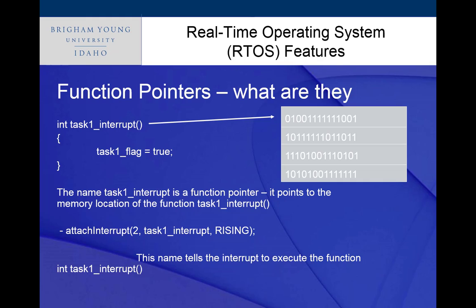So it's called a function pointer. It points again to that very first location. So attach interrupt 2, task 1 underscore interrupt rising then takes that task 1 interrupt pointer, where it's pointing to in memory, and puts it in the interrupt vector table. So when that interrupt occurs, the system will know to go to that location and execute that function.